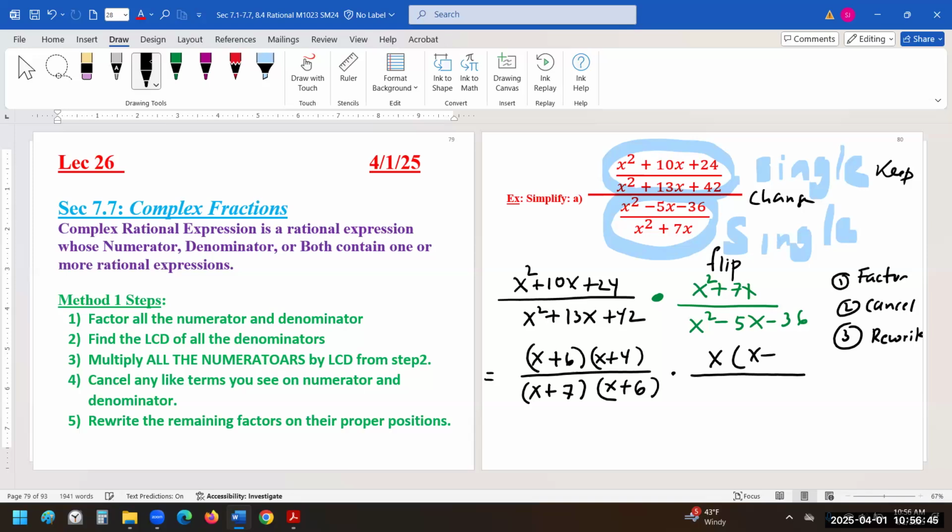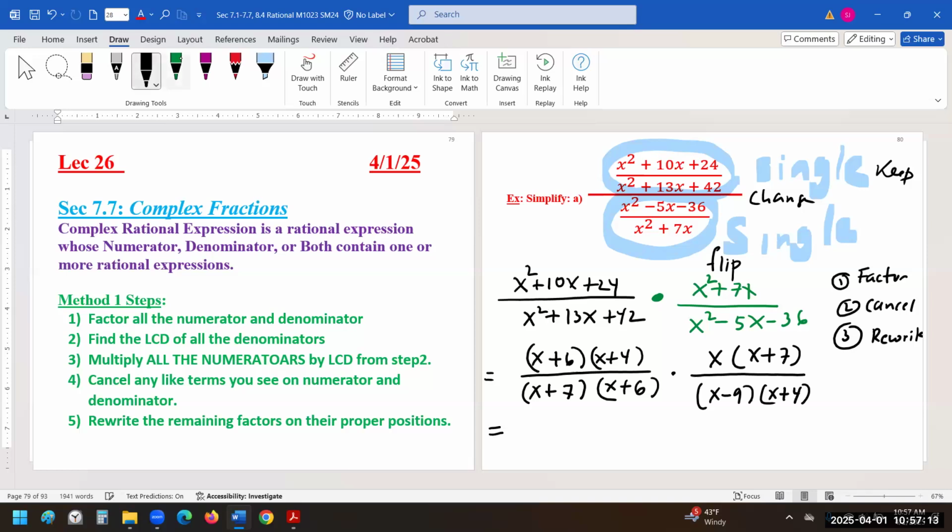X plus 7. Great. So 2 terms means only 2 choices. And then the denominator: 2 numbers multiplied to negative 36, combined to negative 5. Negative 9 and positive 4.